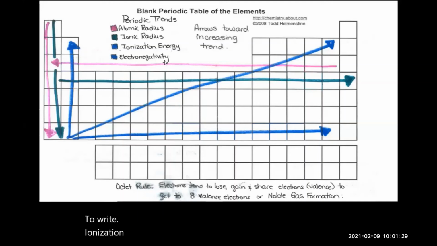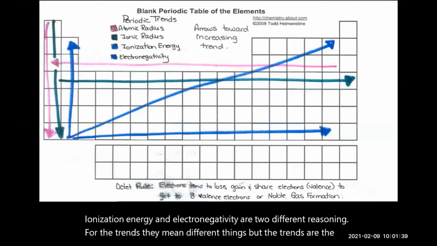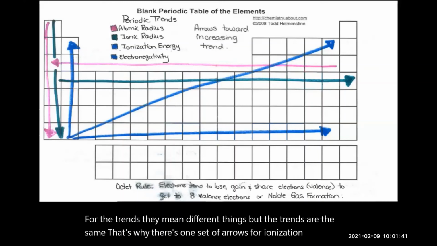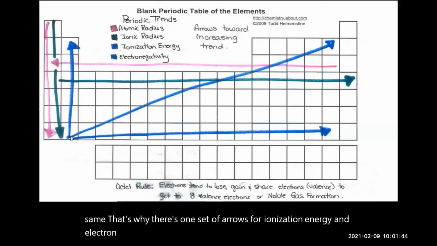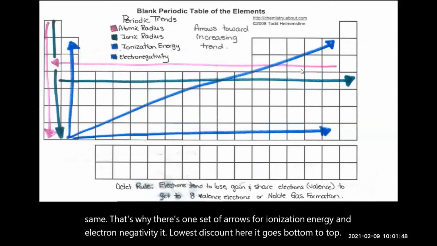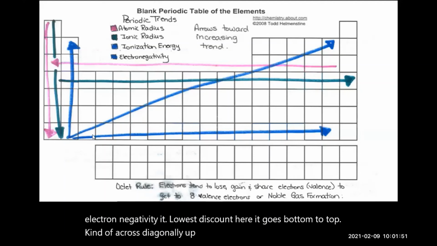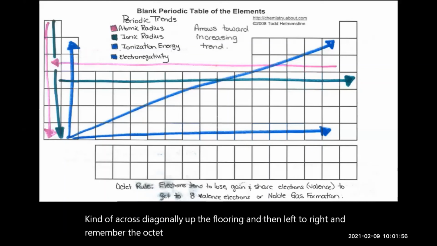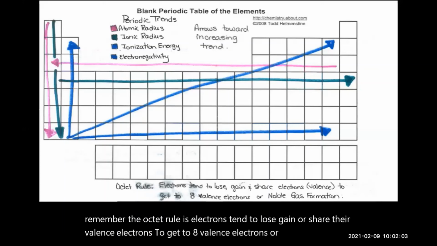Ionization energy and electronegativity are two different reasonings for the trends. They mean different things, but the trends are the same. That's why there's one set of arrows for ionization energy and electronegativity. Its lowest is down here. It goes bottom to top, kind of cross diagonally up to fluorine, and then left to right. And remember, the Octet Rule is that atoms tend to lose, gain, or share their valence electrons to get to 8 valence electrons or noble gas formation.